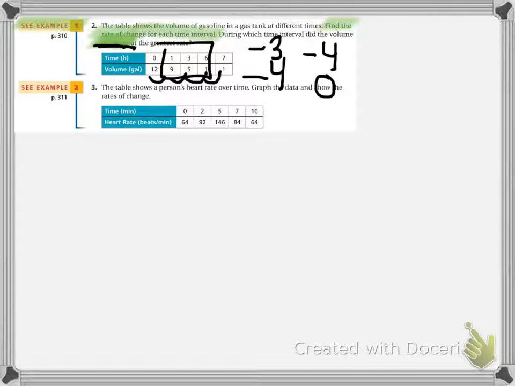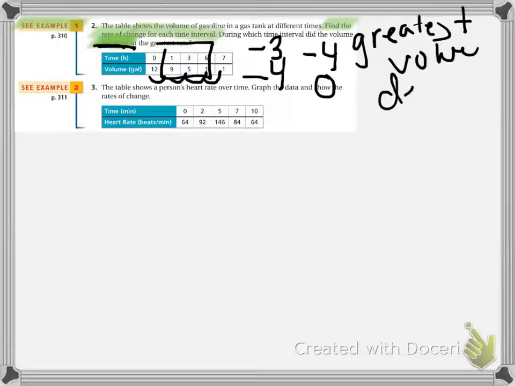Okay? Alright, and so that's all we do, we say the greatest rate. So the interval with the greatest volume decrease was from hour 1 to hour 6.